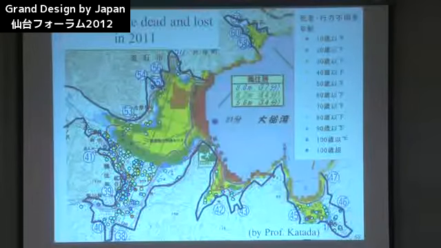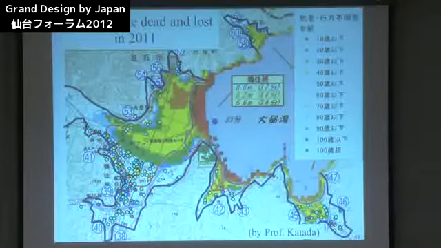And this small circle, one point, shows a person, not a school child, an adult who was killed. What made this difference?